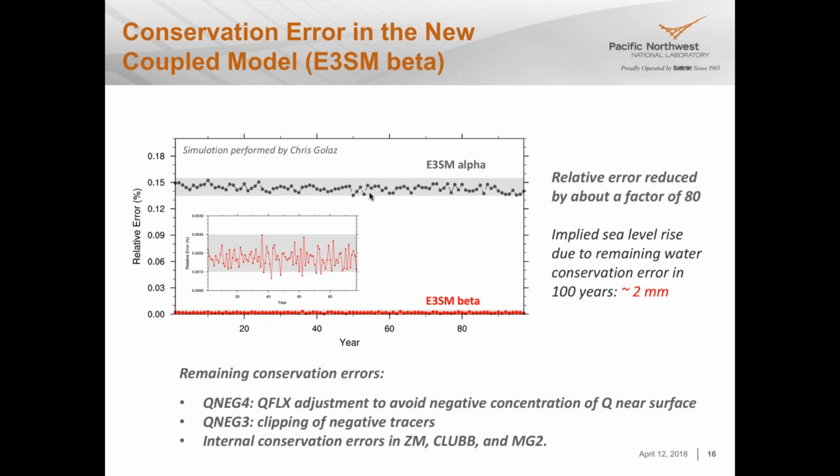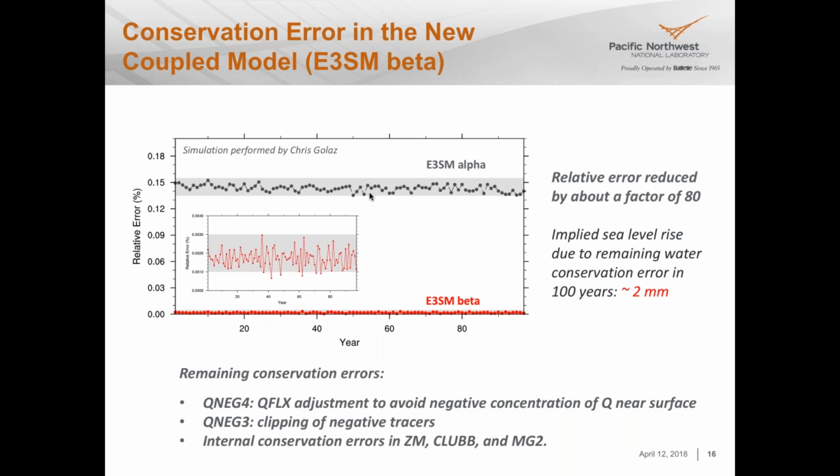The E3SM beta coupling model has very good water conservation. The relative error is reduced by a factor of 80. The implied sea level rise due to the remaining water conservation error in the 100-year simulation is about 2 millimeters, so it's very small.